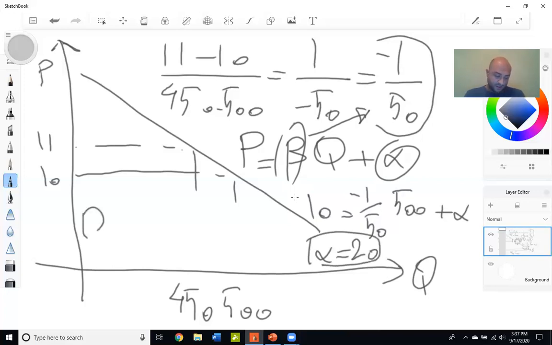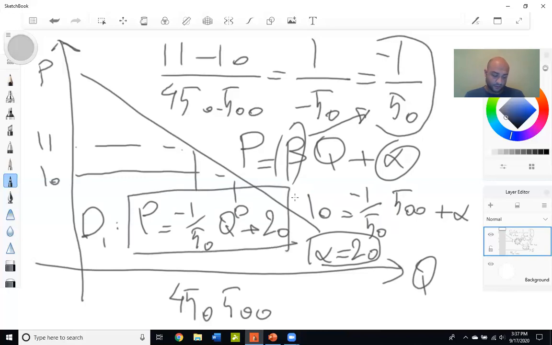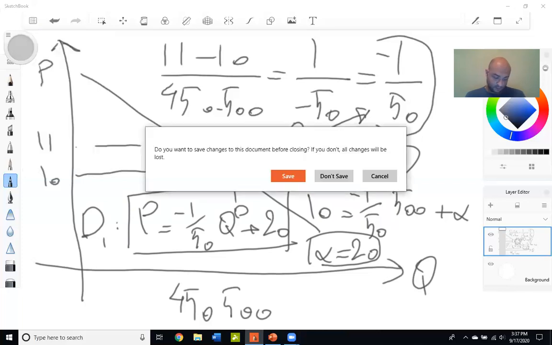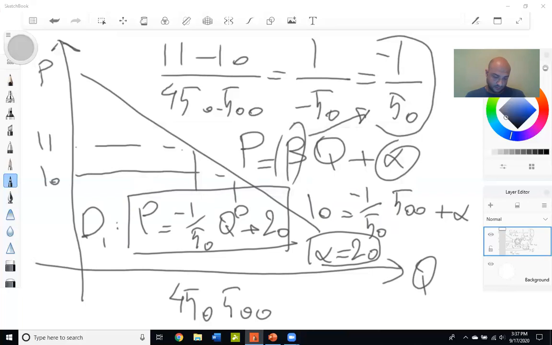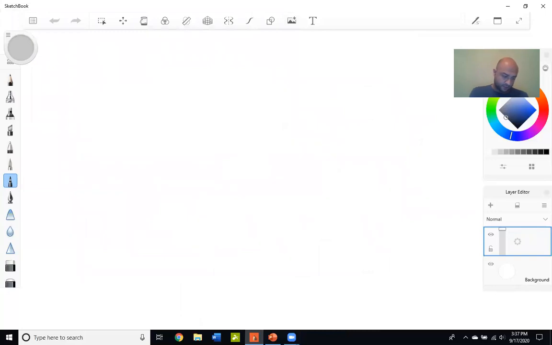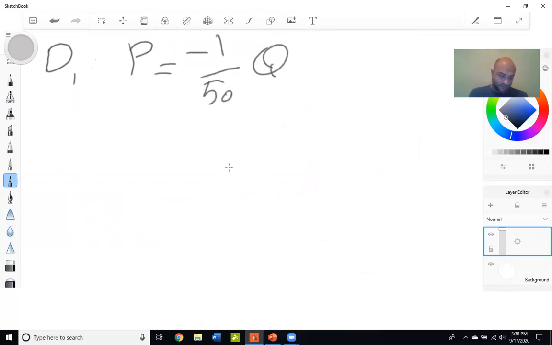So your demand curve is price equals minus 1 over 50 quantity of demand plus 20. Remember this formula.